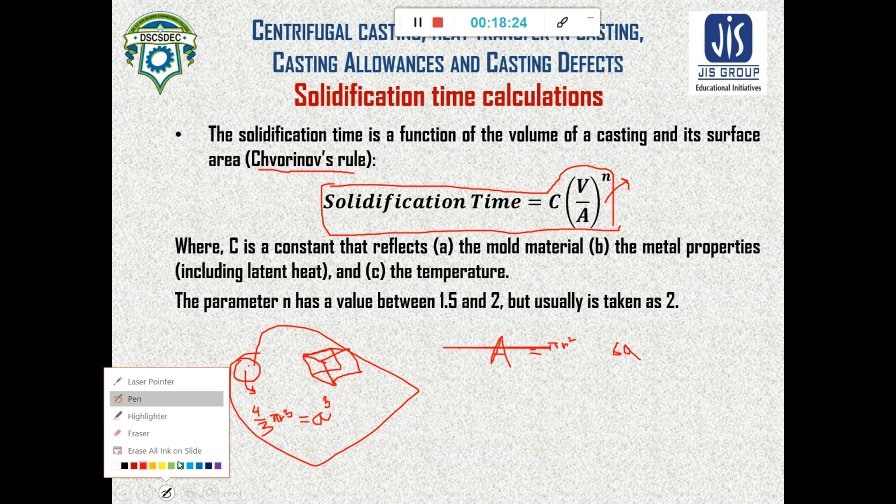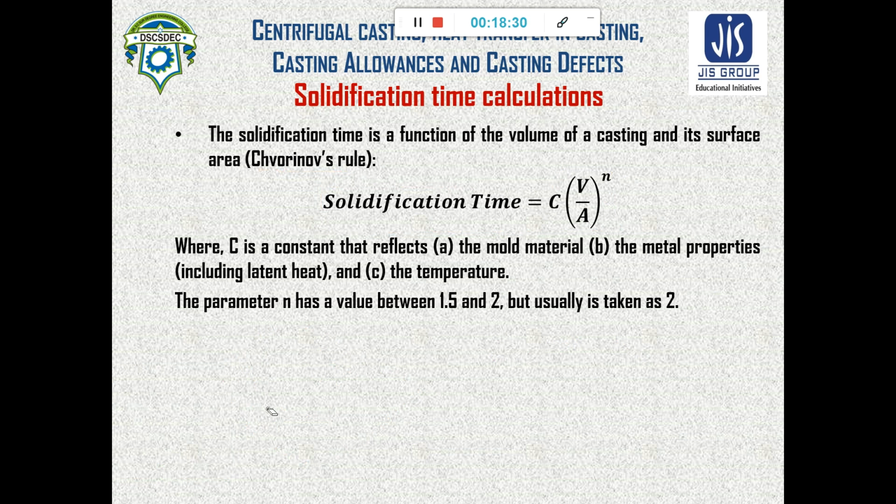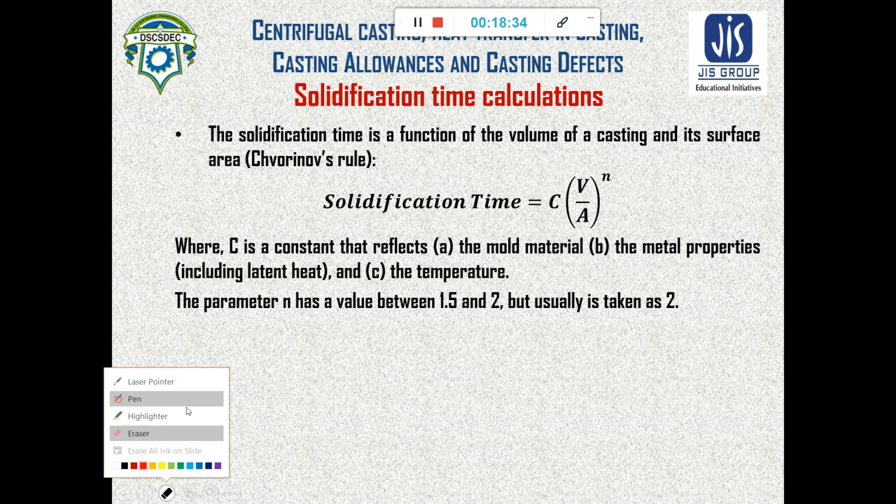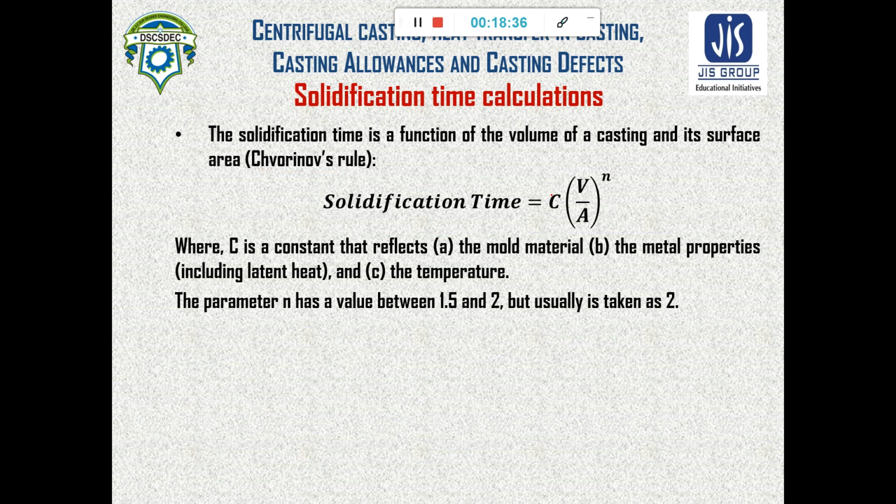We will see that calculation later in the live class. For now just remember this formula: solidification time is completely dependent on volume by surface area, and n is the index. It is a parameter.